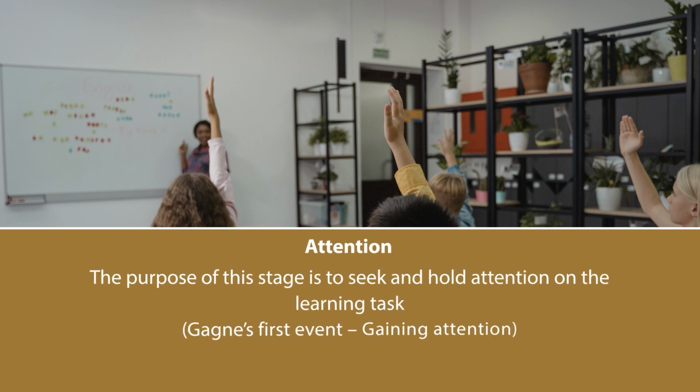The purpose of this stage is to seek and hold the attention of the learners on the learning task. And if you compare it with Gagne's 9 steps of instruction, the first one was gain attention. So this is taken from, or similar to, the first part of Gagne's 9 steps.